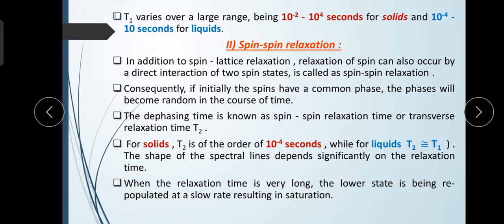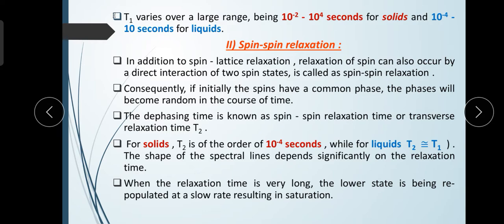That means when the relaxation time is very long, the lower state is repopulated at a slow rate. That means the relaxation process is just to repopulate the lower state, and when the relaxation time is large, the repopulation of the ground state is at a very slow rate, and due to this slow rate we have saturation.